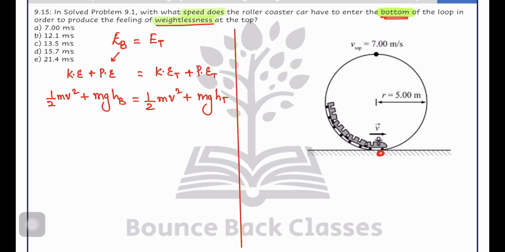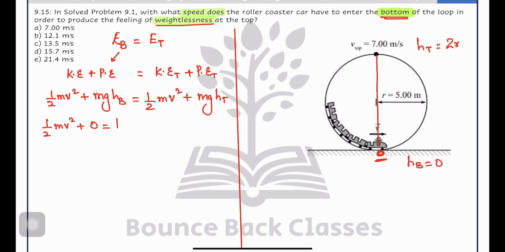If the body is here, what is the height at the bottom? Can I say 0? And the height at the top, can I say 2r, 2 times the radius? Yes or no? So half m v bottom square plus 0 equals half m v top square plus mg 2r. Clear?